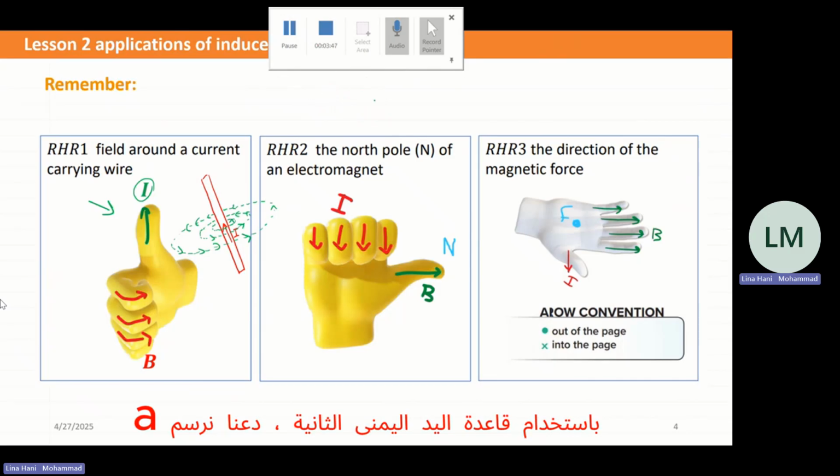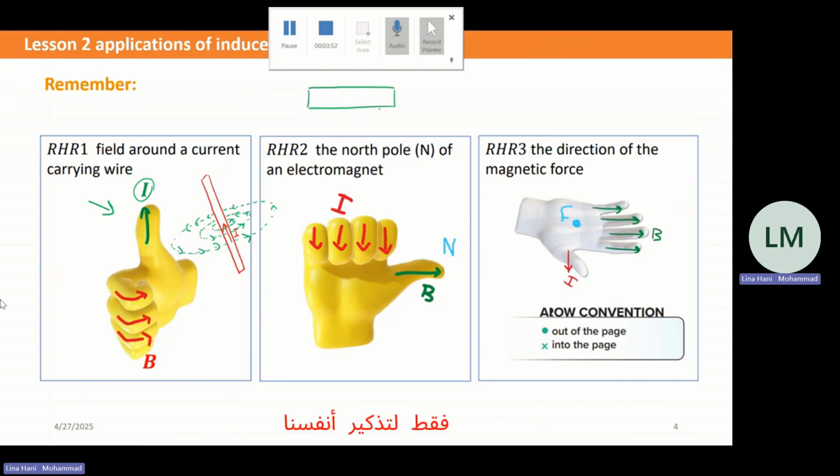Let's draw an example just to remind ourselves of the concept of an electromagnet. Let's say that this is an iron core, and around this iron core we have a coil of wire, and this wire is connected to a battery, with a positive side and a negative side.